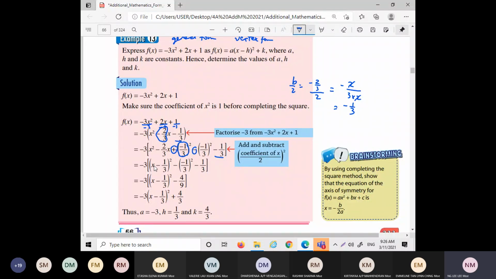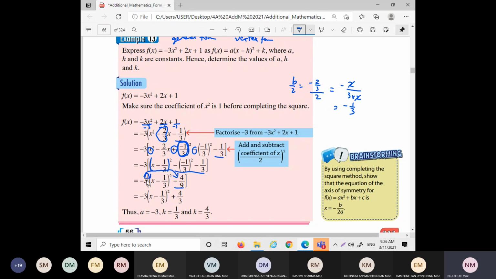Therefore the next one, when you write out this bracket, take the x from here and negative 1 over 3 from here. So x minus 1 over 3, and then square. Then this one combine, you get this. Last step, bring back the negative 3 here and here.